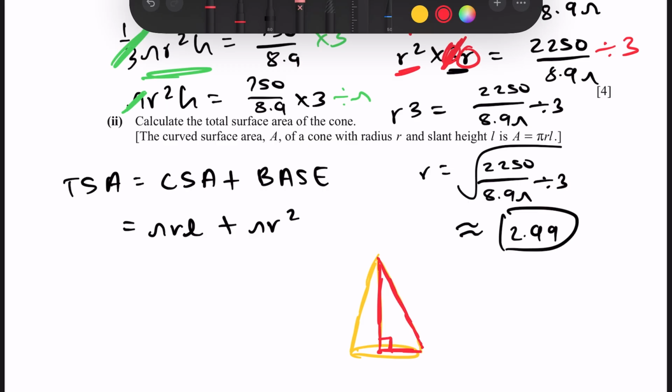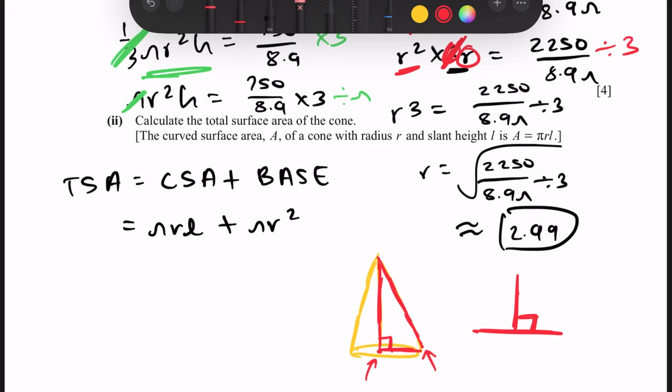Since this point and this point are both on the base, they are horizontal, which means that any vertical line drawn will be perpendicular to this horizontal line. Therefore, this is a right angle over here.